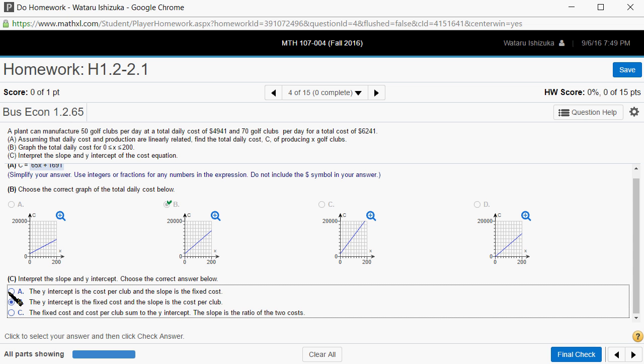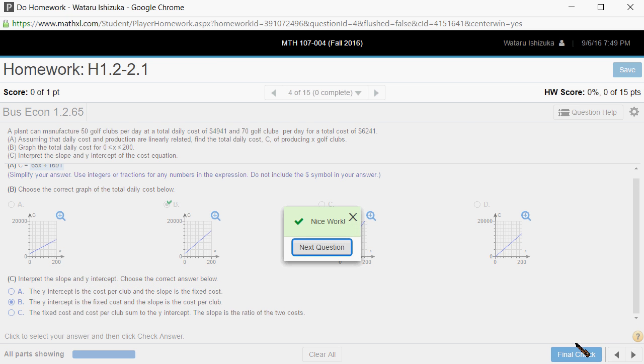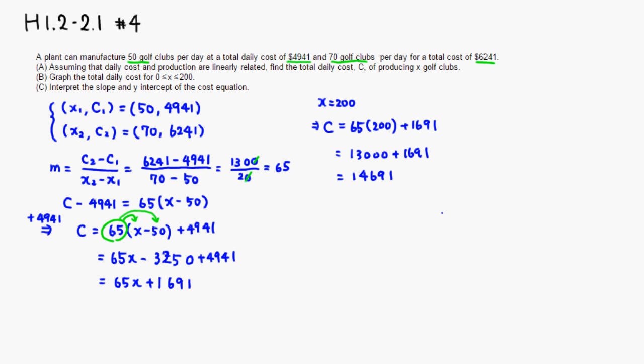So B should be the right one. Just for the heck of it, let's read part C. The fixed cost and the cost per club sum to the y-intercept. Okay, that's not it. Slope is the ratio of the two costs. That's not it. So B is the right answer. All right, check the answer. All right, so we got this one correctly. All right, that's it. I hope that this was clear.